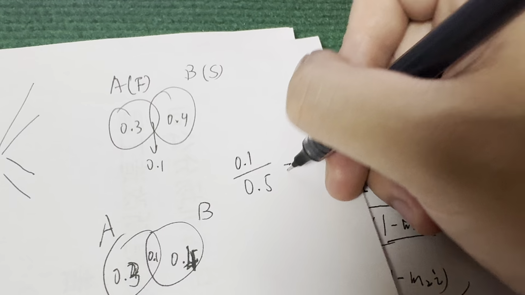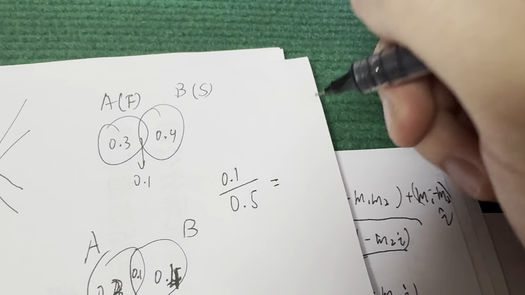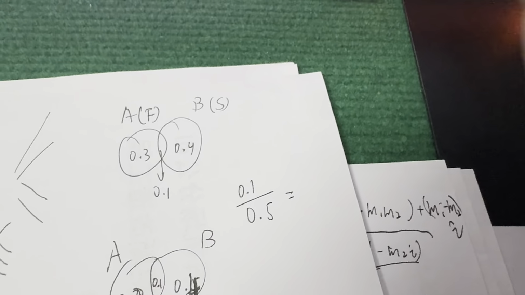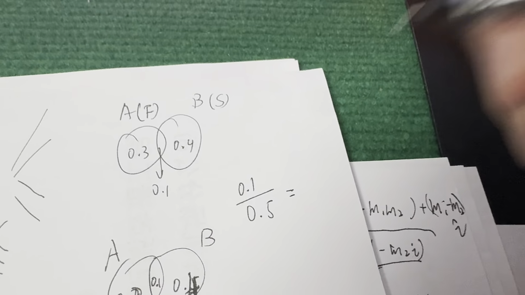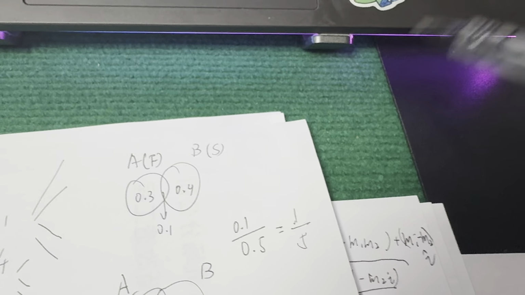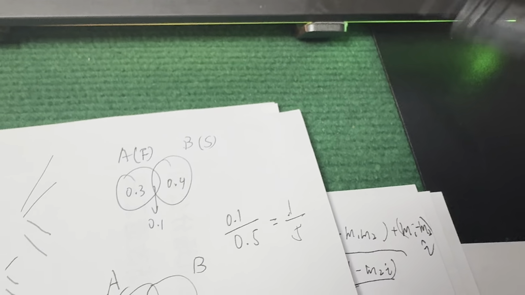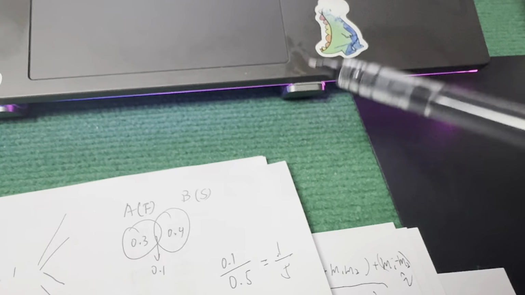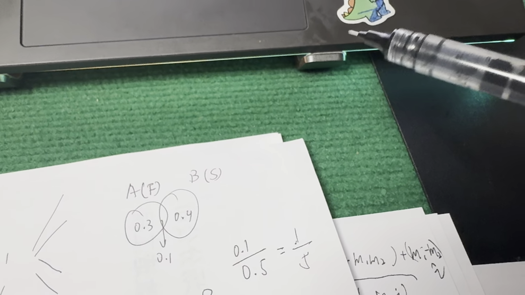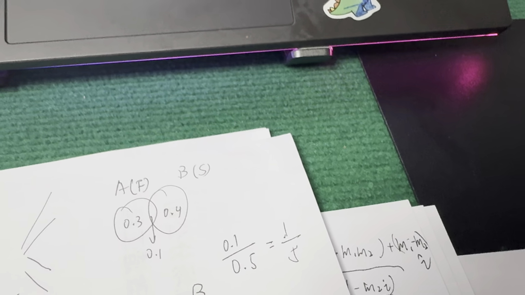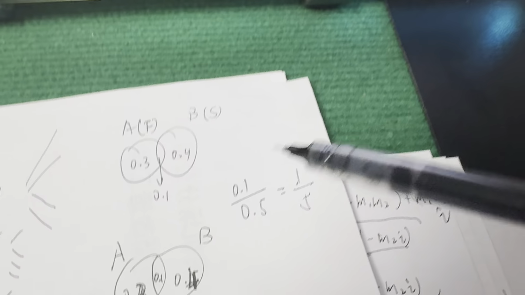So the probability that a student who studies Spanish also studies French is 1/5. Why does this work? Because it is a condition. The condition is that he studies Spanish. What I ask is whether he also studies French. So that's the reason.